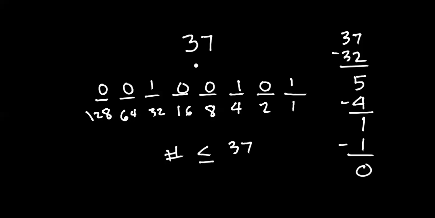So our number, and sometimes breaking this up into 4s, 0 0 1 0 0 1 0 1 is the number 37 in base 2 binary.